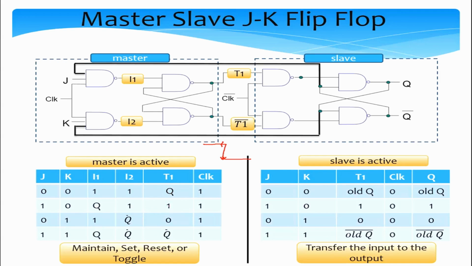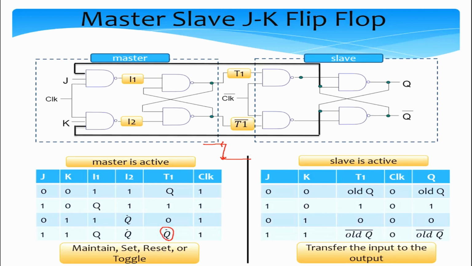If J is 1, K is 0, we set the value. If J is 0, K is 1, we reset the value. The interesting case which we have not seen up till now is when J is 1 and K is 1. In this case, we essentially toggle the value of Q, or we flip the value of the bit.